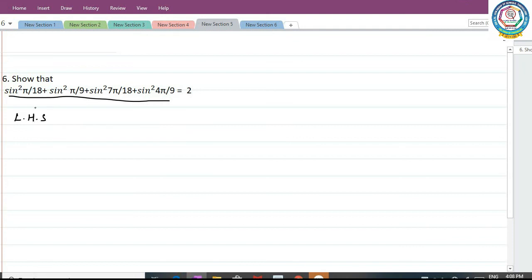The left hand side is sin square pi by 18 plus sin square pi by 9 plus sin square 7 pi by 18 plus sin square 4 pi by 9.